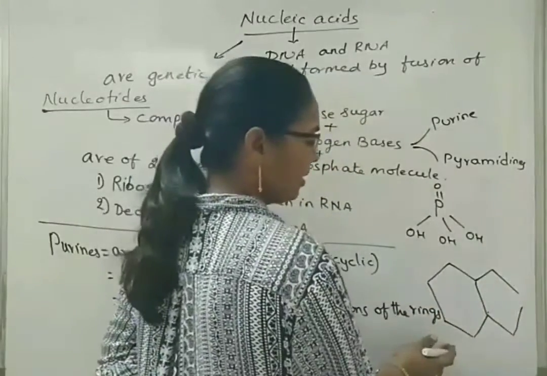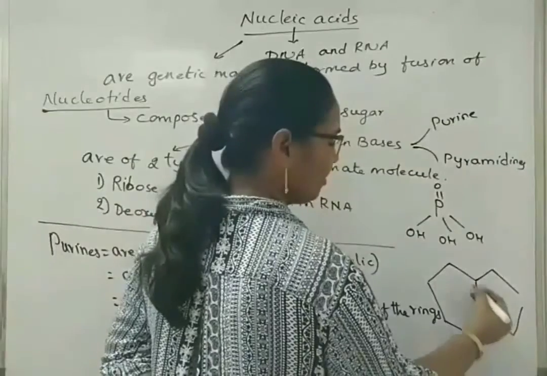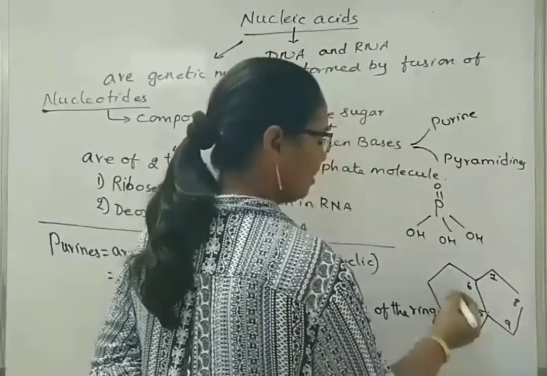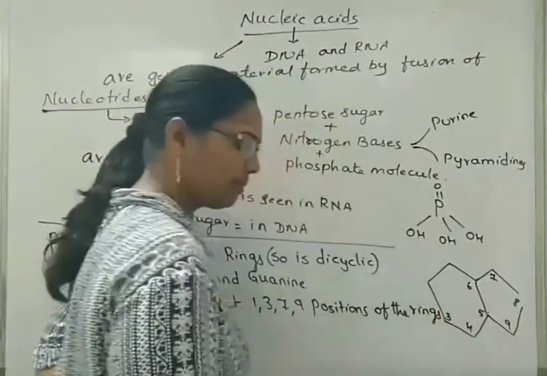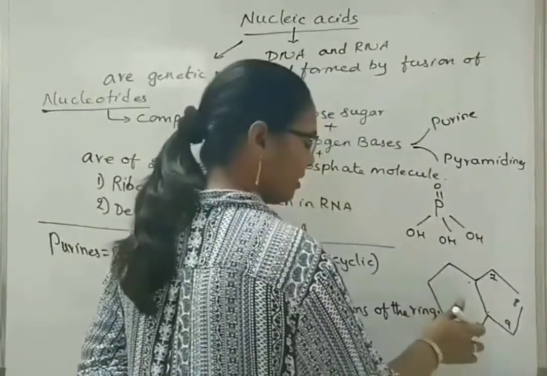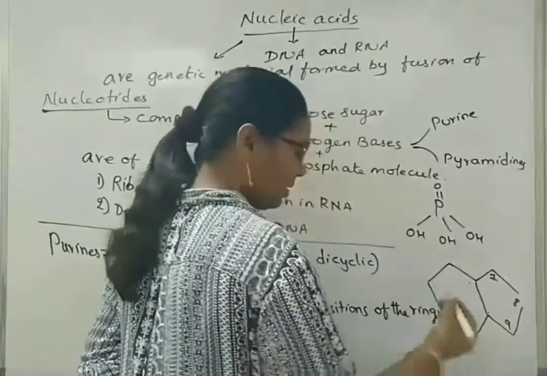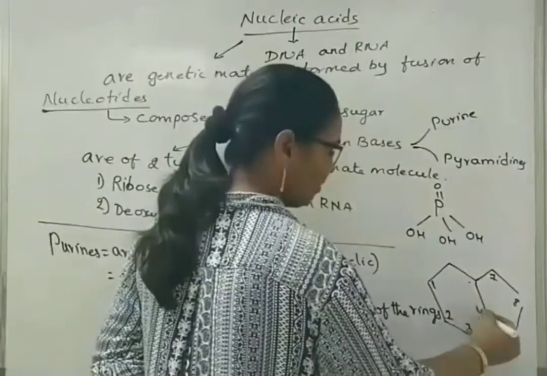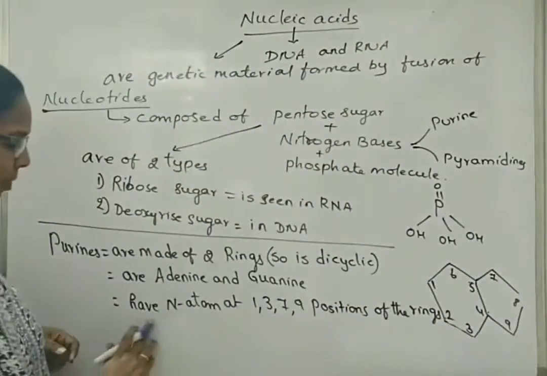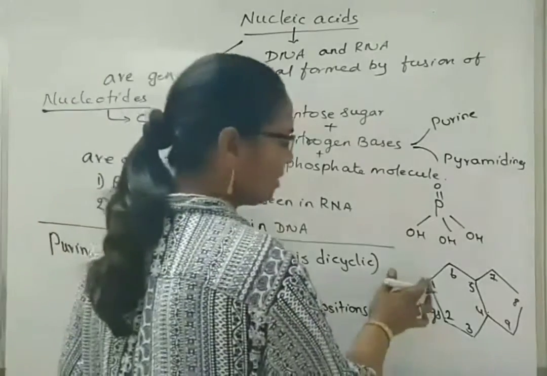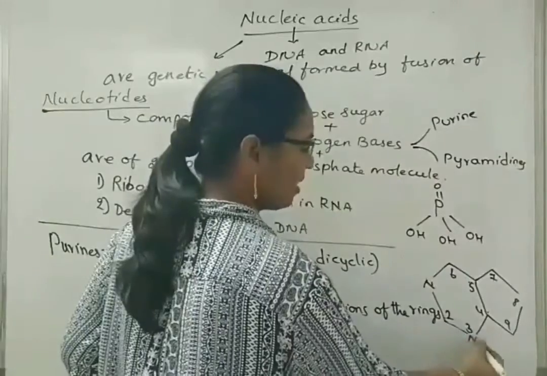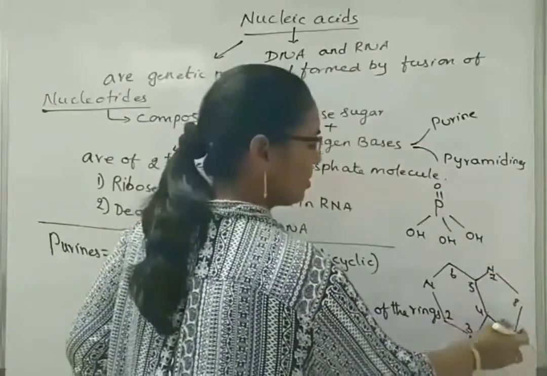We will give the numbering like 1, 2, 3, 4, 5, 6 in case of purines. Now, I have written one point: nitrogen atoms are at 1, 3. So here will be a nitrogen at the first position, another nitrogen, and another nitrogen.